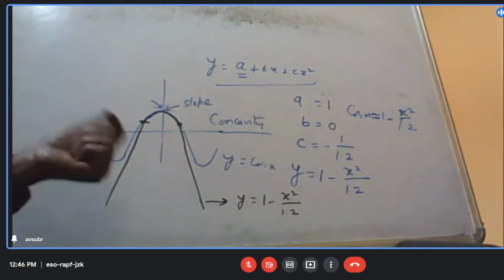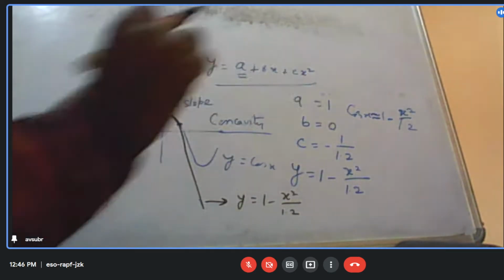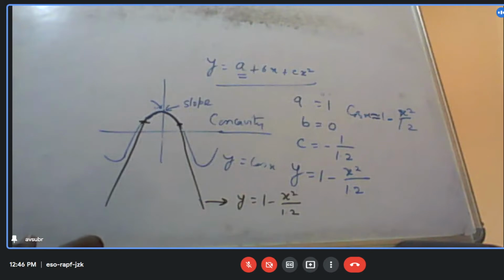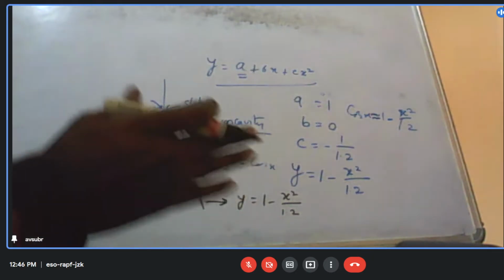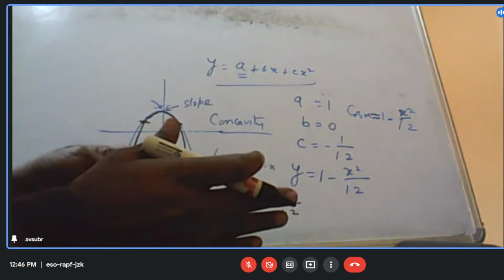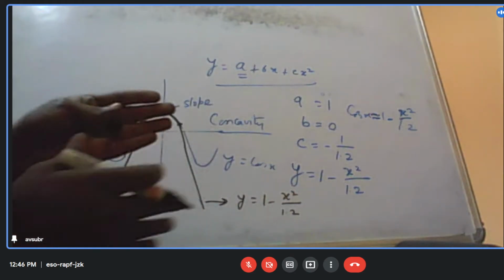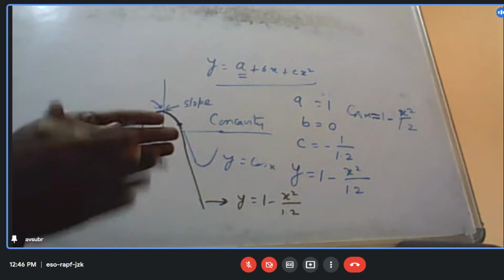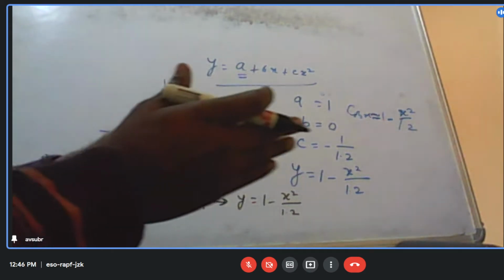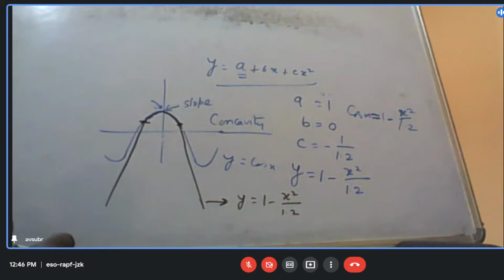So what I have done by taking a higher order polynomial as my assumption is that I have been able to extend my range of cos x. The accuracy of the value of cos x, I have been able to extend to a greater x or larger x.